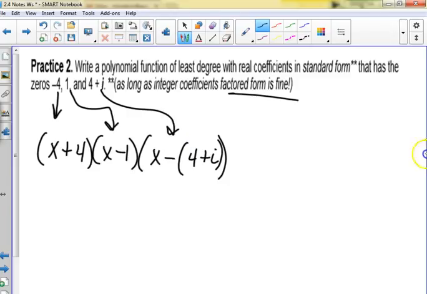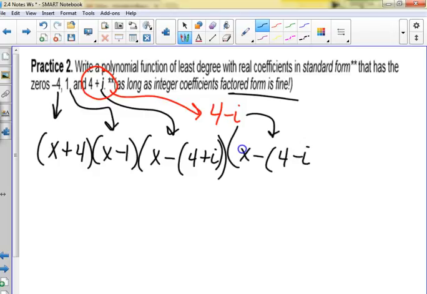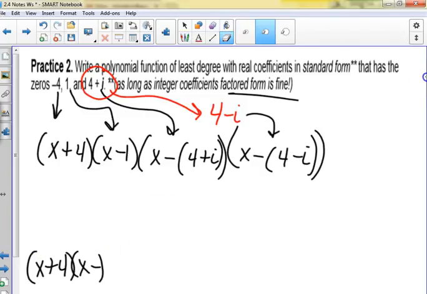Now, if 4 plus i is a 0, what else is a 0? 4 minus i. And what will that look like when we write it as a factor? x minus (4 minus i). Okay. Now, it says we can leave it factored. Yay! x plus 4, x minus 1. That doesn't say x minus 1.